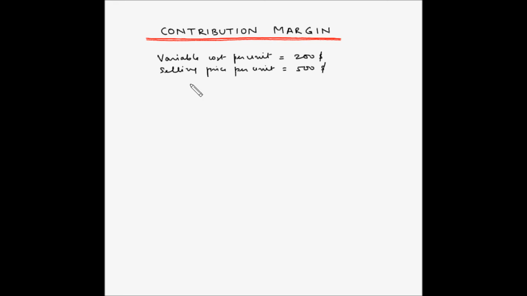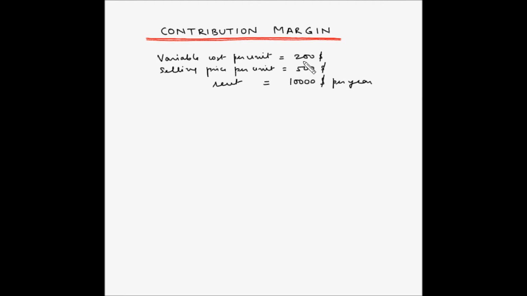So let's say that the rent of the facility that you have taken up to assemble the PCs is $10,000 per year. The difference between the selling price and the variable cost, which is $300, will contribute towards the payment of the rent of the facility.